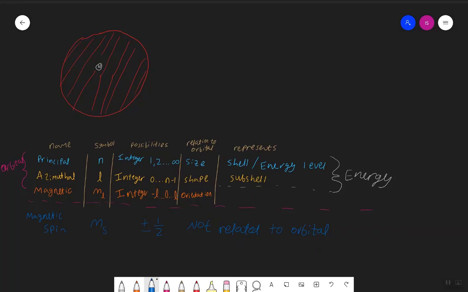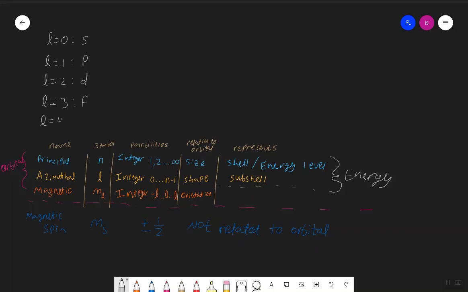The first thing is an alternative naming system that we have for the values of L. For L equals 0, we're going to call this S. L equals 1, we're going to call this P. L equals 2, we're going to call this D. L equals 3 will be F. And then we actually can go on.